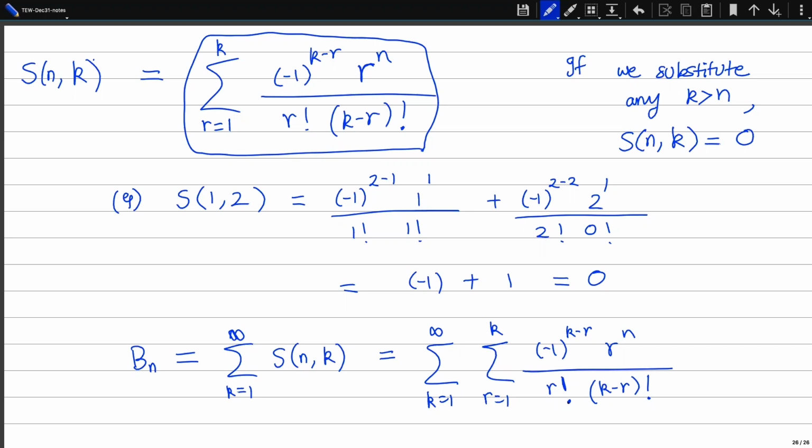When you have a double sum, one of the standard tricks is to try interchanging the two sums. Often that trick works. So here I'm going to do the k sum first and then the summation over r. How does one interchange? Suppose I want outer sum to be the sum over r and inner sum to be the sum over k. Then how should I write the limits of the sum?